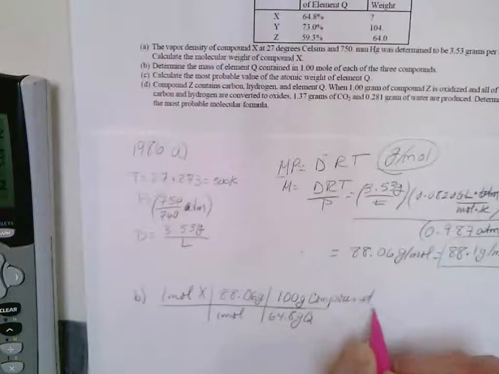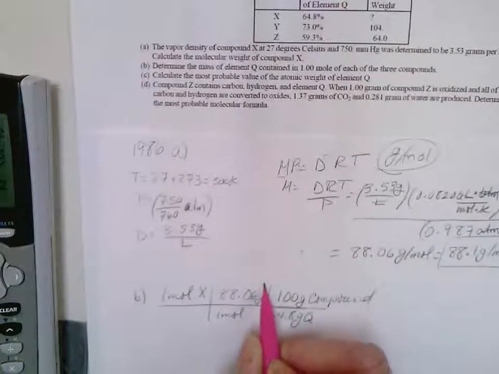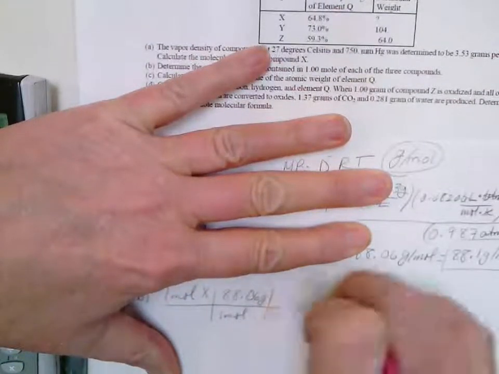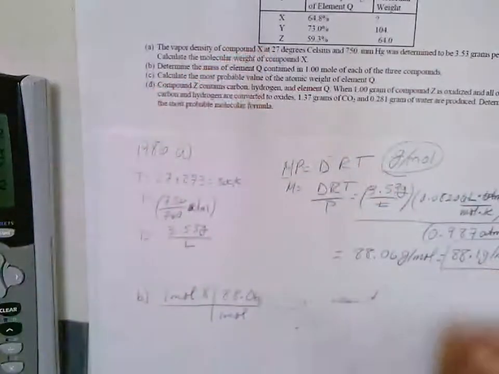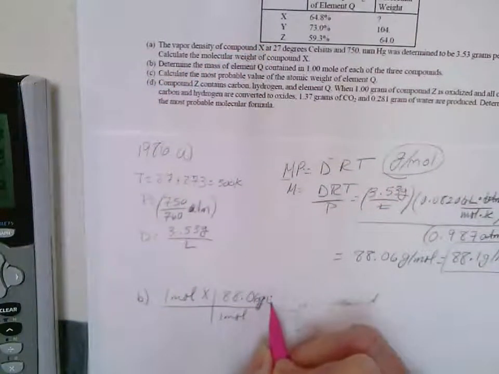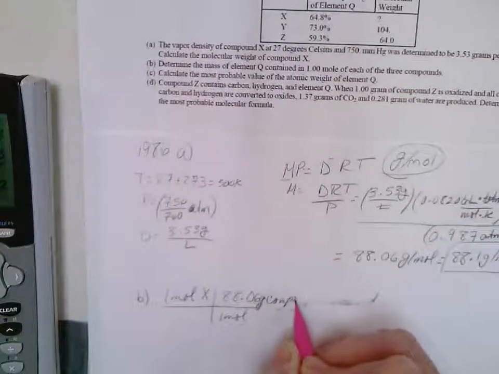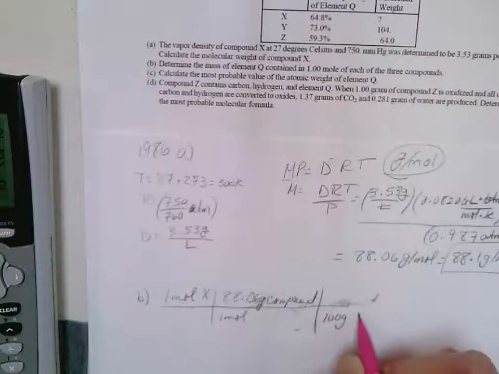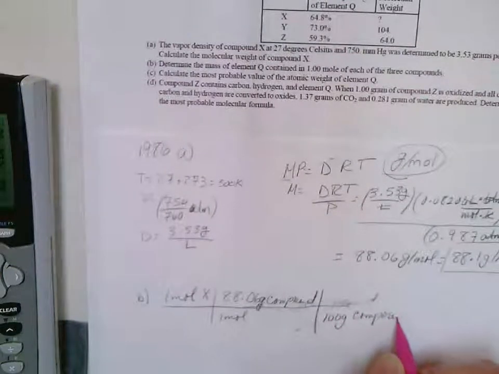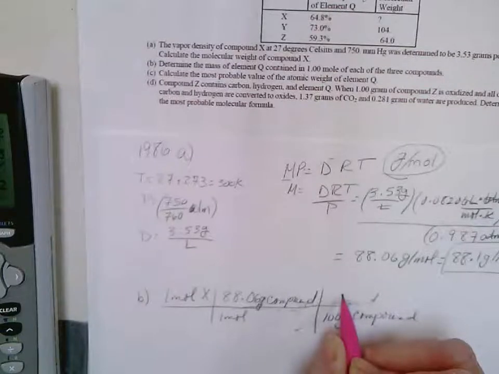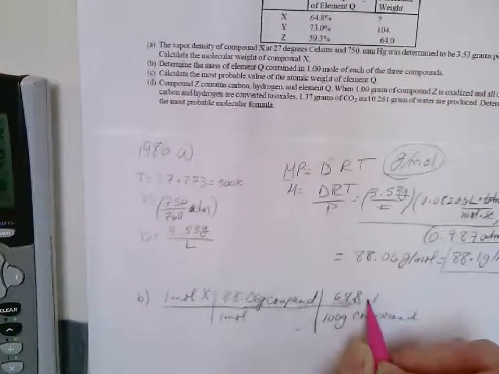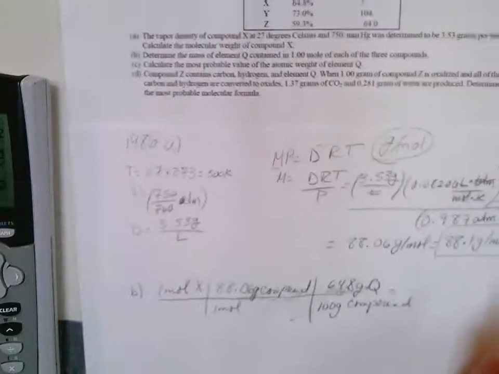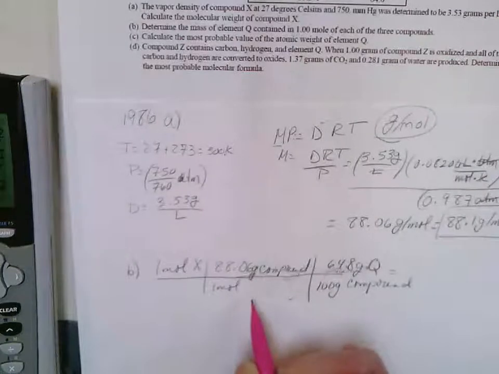Now let's see if my units work. This is grams. Oh, I've got this upside down, don't I? And that's why we need to label everything, right? This is in 88 grams of the compound. And then in 100 grams of the compound, I have 64.8 grams of element Q. I hope that makes sense to you guys.